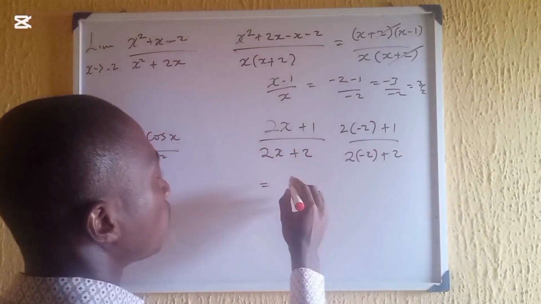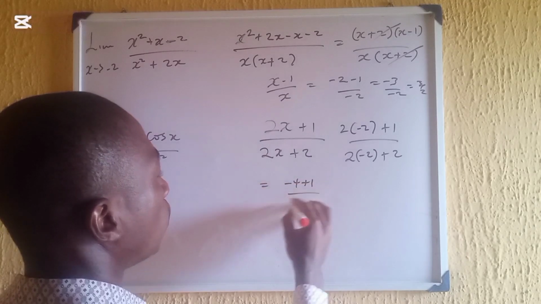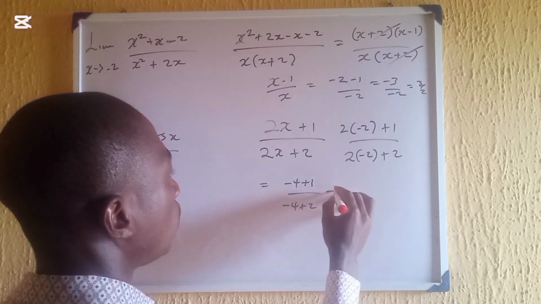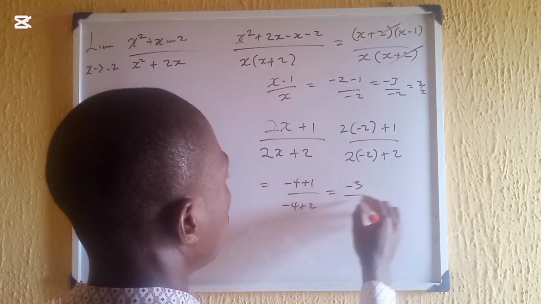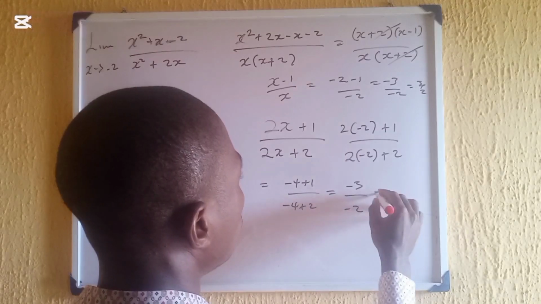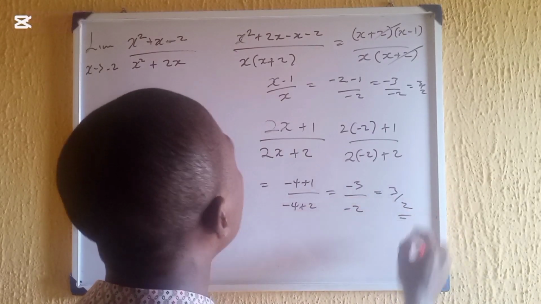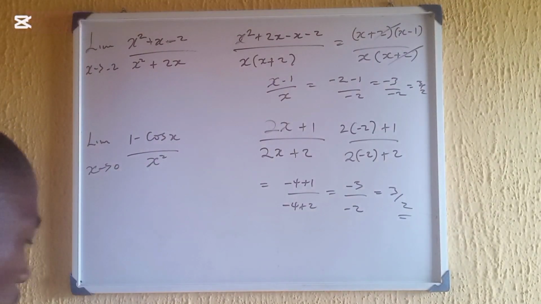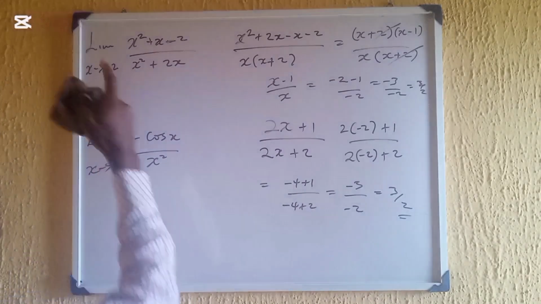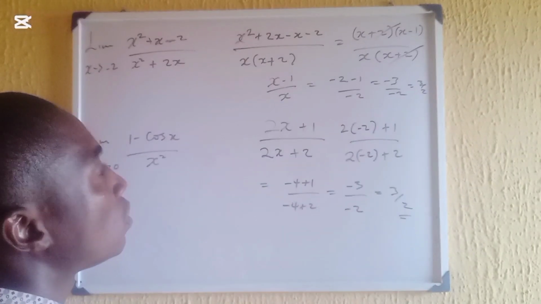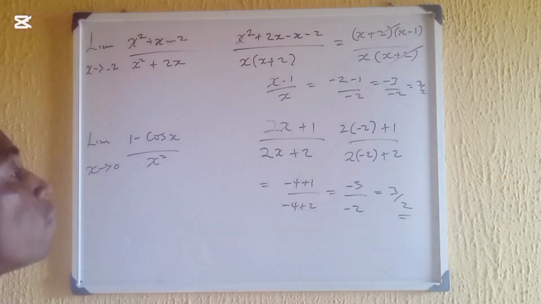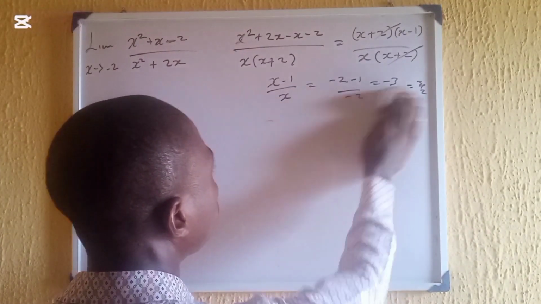This gives us minus 4 plus 1 over minus 4 plus 2. And this gives us minus 3 over minus 2, which is equal to 3 over 2. So you can see that we found the limit of the function as x approaches minus 2 using L'Hopital's rule and factorization method. Let's solve for the next one.